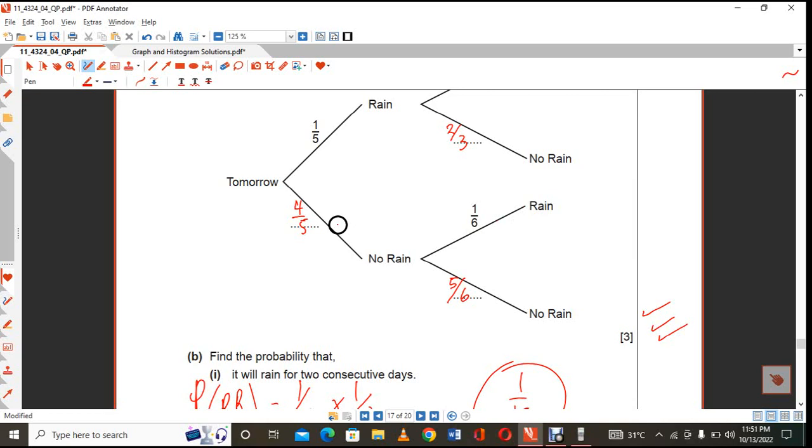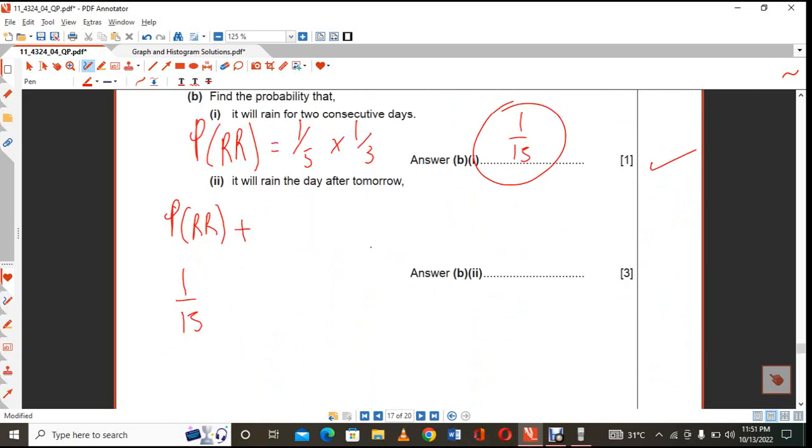Along the branches, we multiply no rain and rain, because the day after the next day is this one, the day after tomorrow.